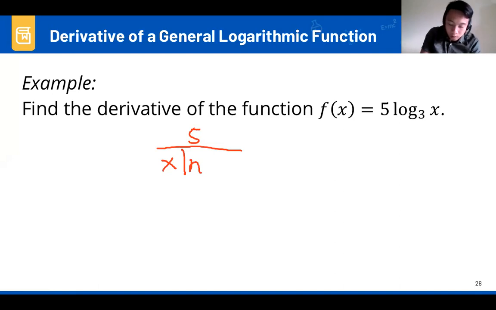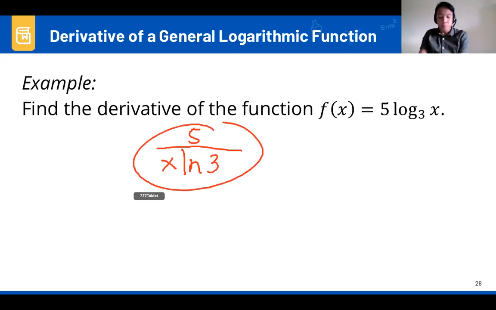So I will just copy it here. So we have the answer, 5 over x ln 3. That will be the derivative of the given problem.